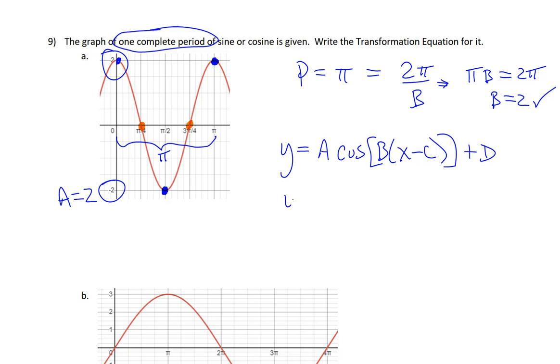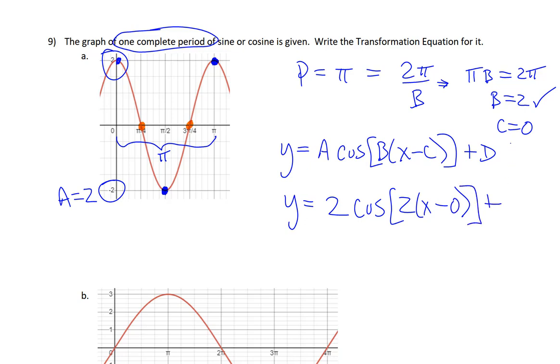So y equals 2 times the cosine of, now in the brackets I'll put the b value of 2. You'll notice we're not accounting for any kind of phase shift, so we'll just say c equals 0, which means we don't do anything else with it. So it'd be like 2 times (x minus 0), but the 0 really wouldn't show up, so we'll make that look simpler in a second.